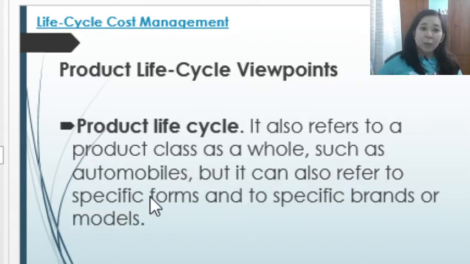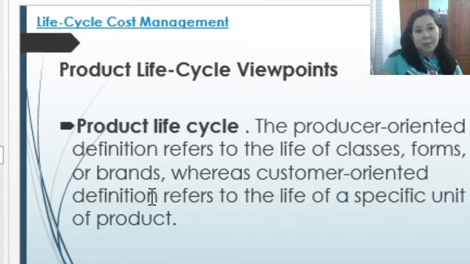Product life cycle also refers to a product class or a whole class. An example of this is automobiles, but it can also refer to specific forms, and specific brands or models. The producer-oriented definition of this term refers to the life of classes, forms, or brands, whereas the customer-oriented definition refers to product life cycle as the life of a specific unit of the product.